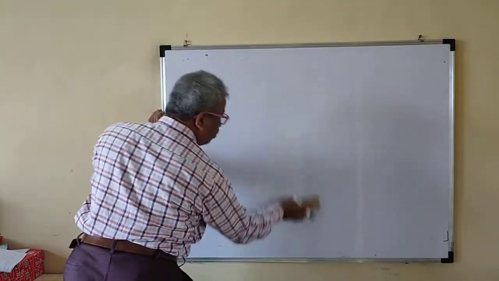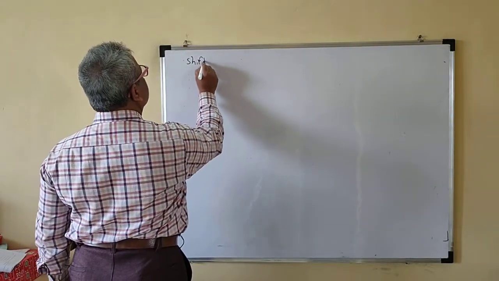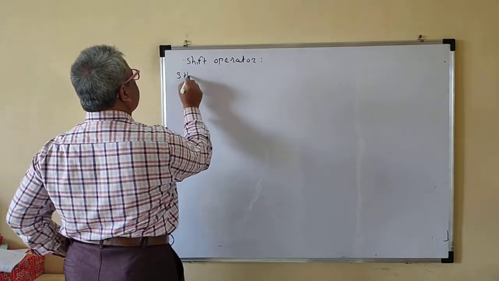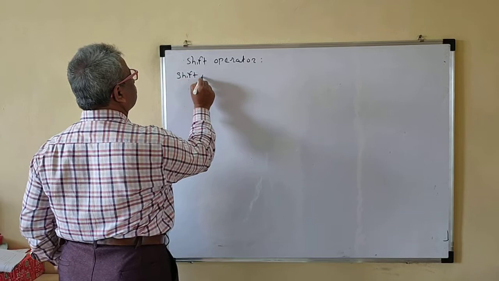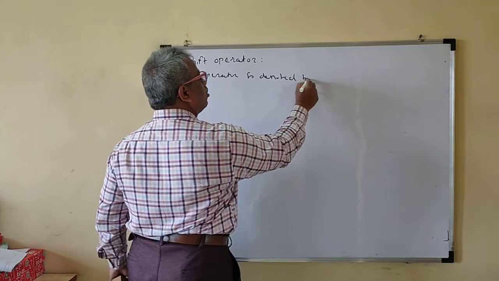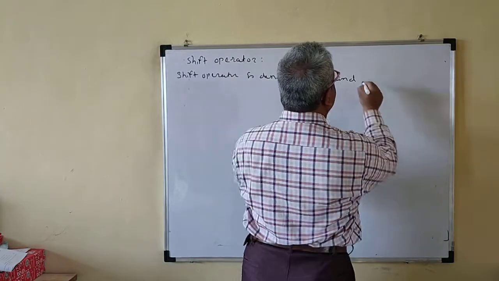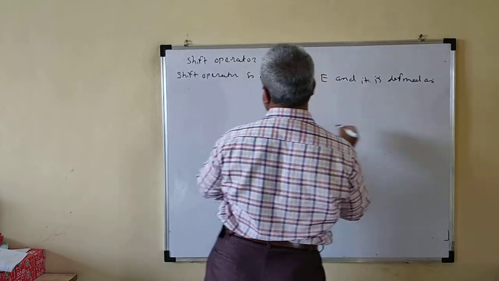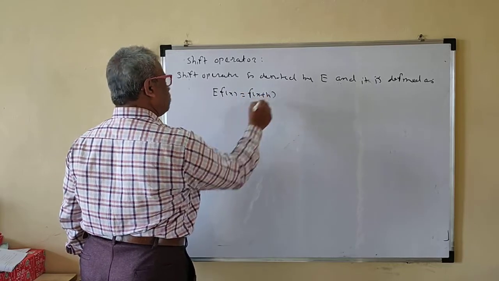Now we'll see what we mean by shift operator. The shift operator is denoted by capital E, and it is defined as E of f of x is equal to f of x plus h.